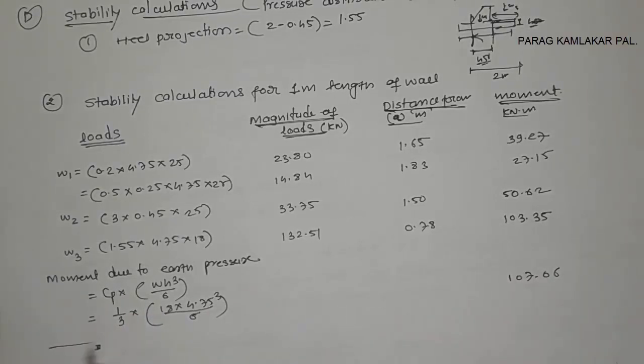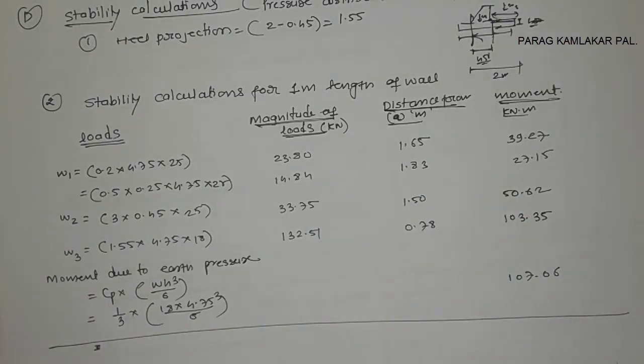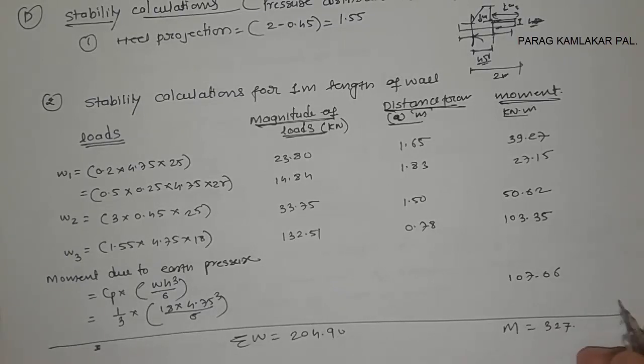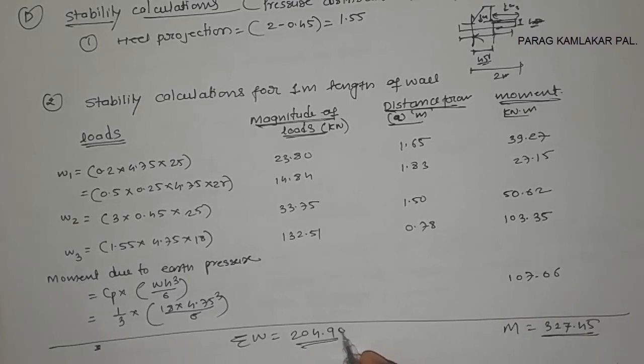At the end of all this calculation, the summation of the total load magnitude is 204.90, and the moment is 327.45. These two values we are getting.